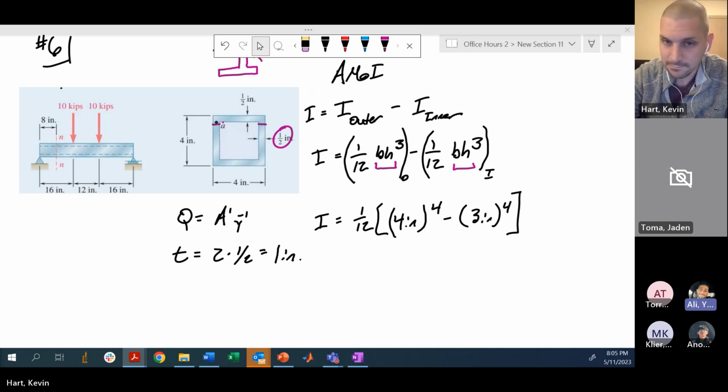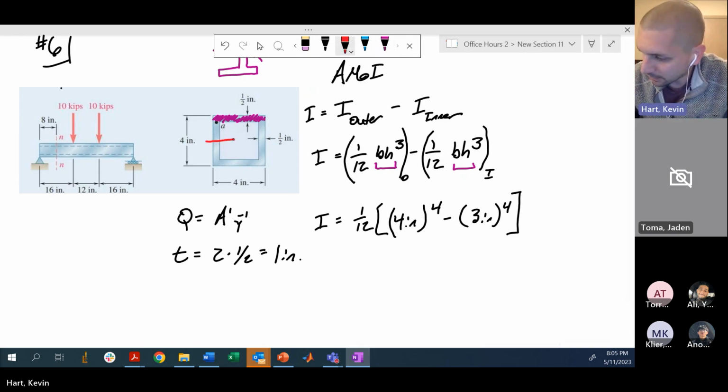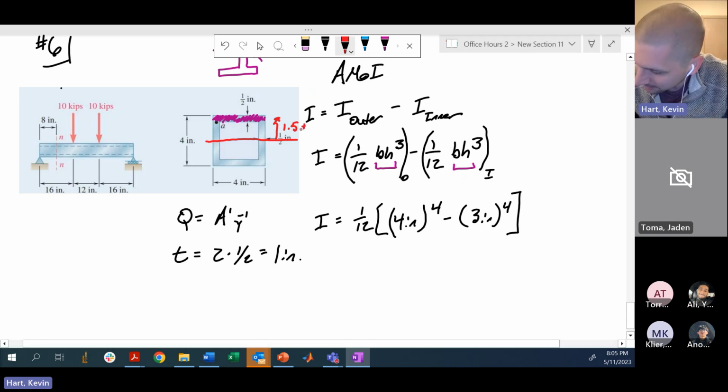The A prime calculation for Q at A would be 1/2 by 4, right? Yeah, so if you want A prime here, you're looking at this area above this guy. That's 4 by 1/2. And then if you want Y bar prime, which is up to here, that's a composite body.